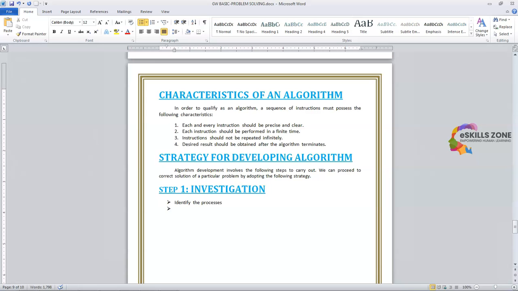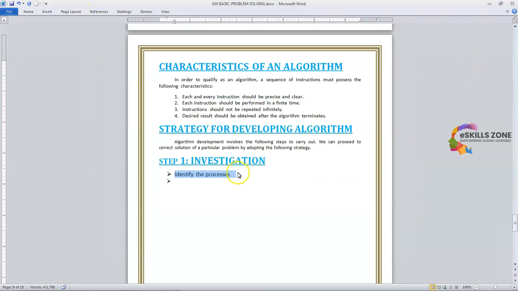Number two is identify the major decisions to be taken.